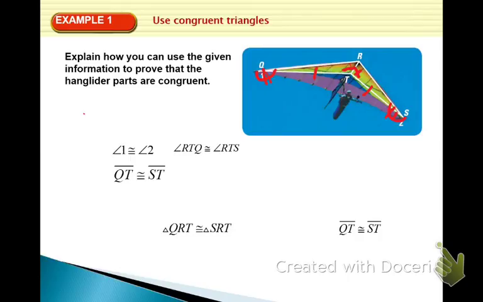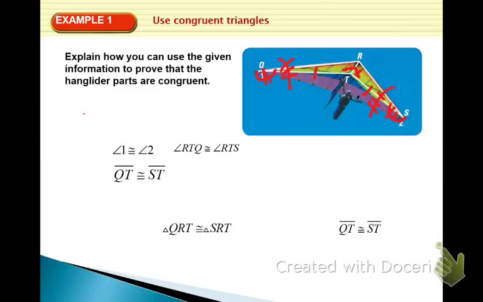So that was another thing we'd mark in the hang glider. This angle is congruent to this angle, by supplements of congruent angles are congruent. Now, how are the 2 triangles congruent?